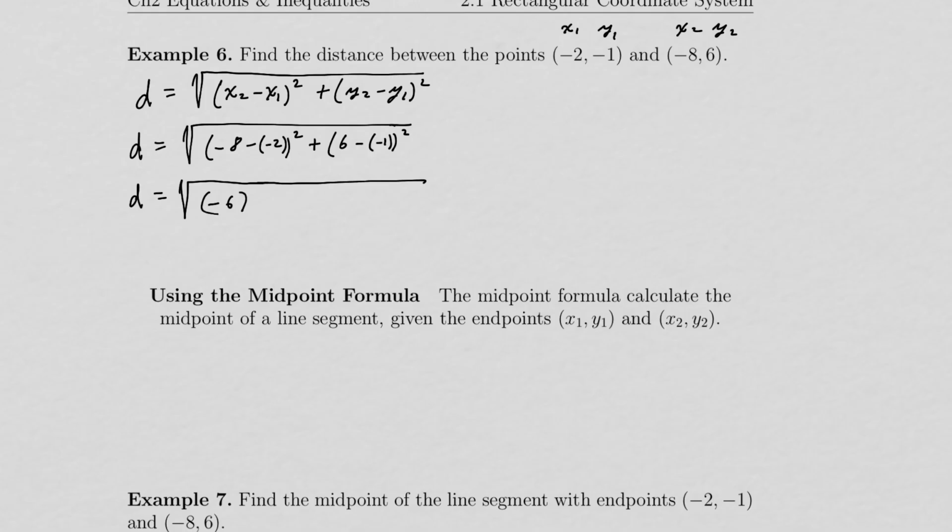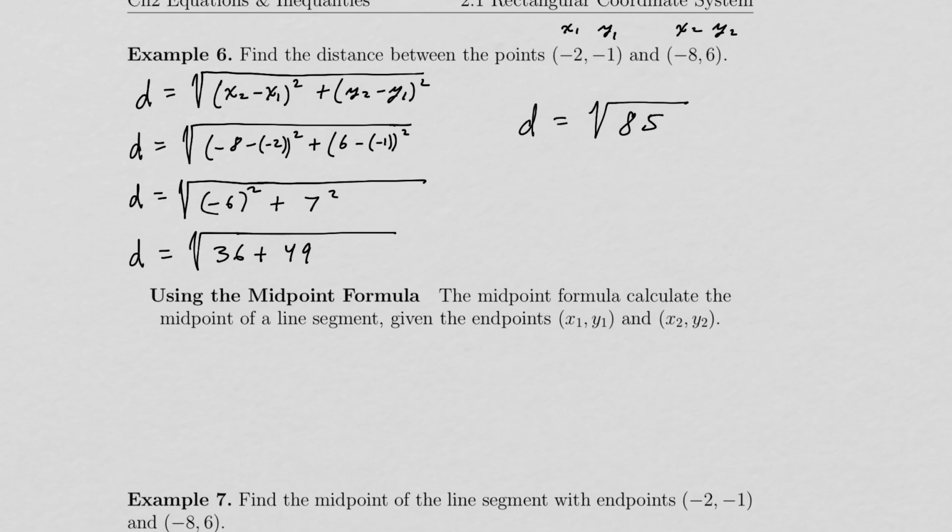It's all squared. Plus 6 minus a -1 is 6 plus 1, which is 7 squared. And then this will be 36 plus 49. So then d here is going to be the square root of, what's 36 plus 49? 85, I guess.